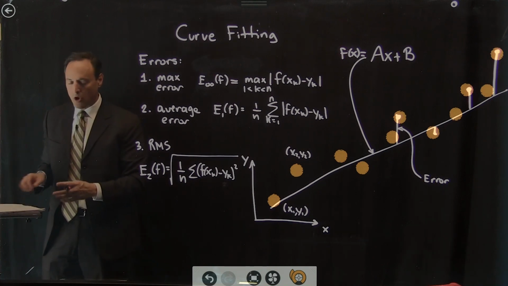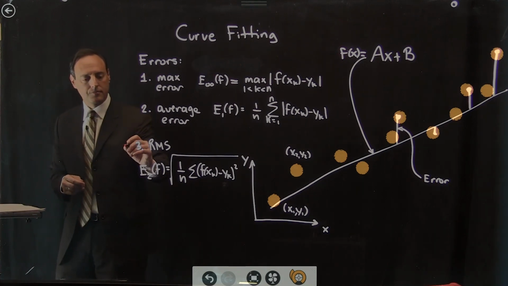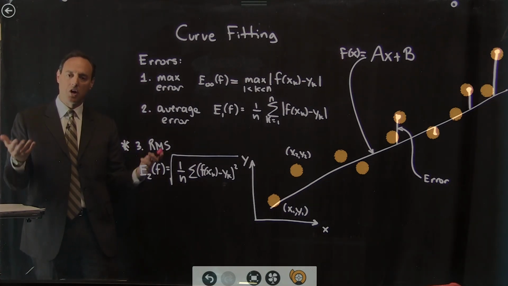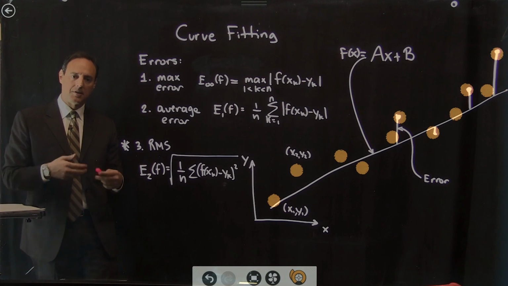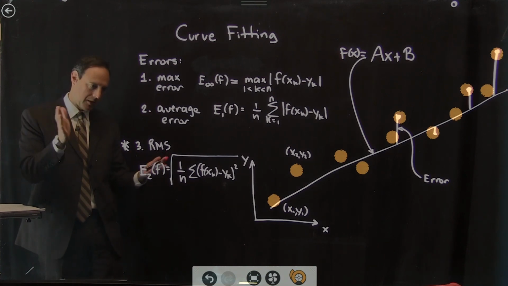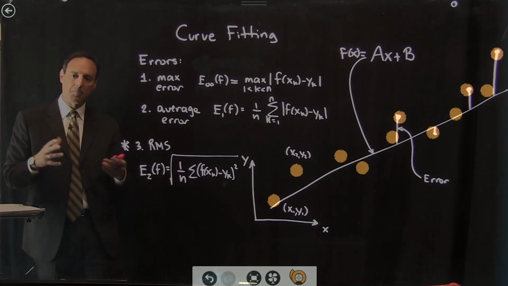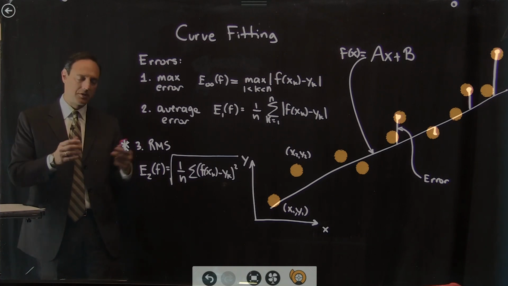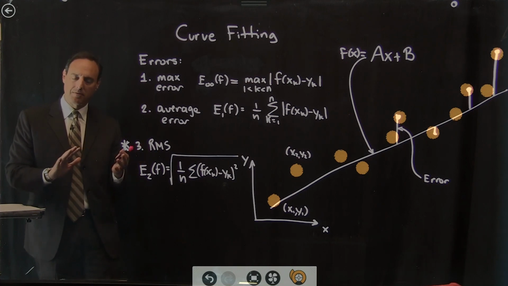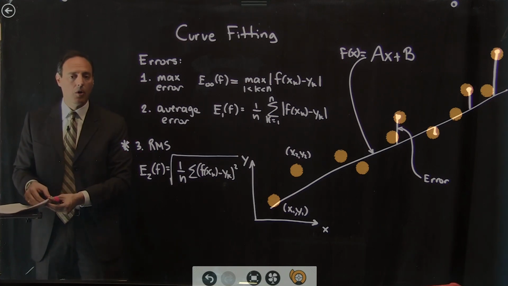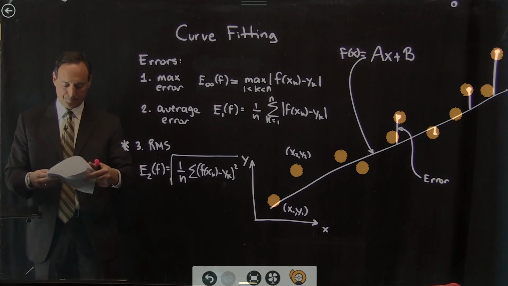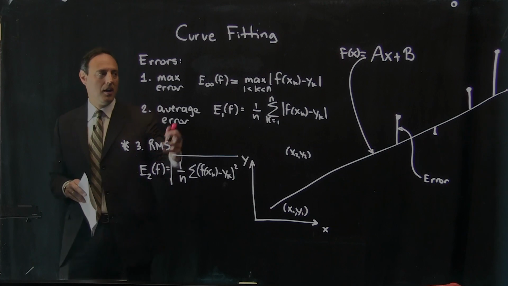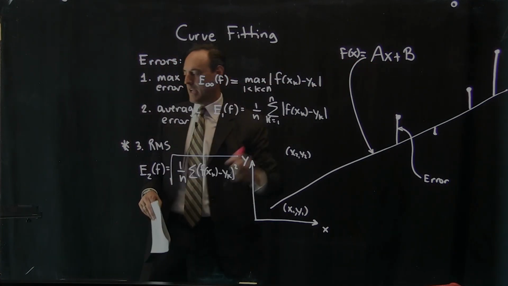Of all these three techniques, the root mean square error is typically the most commonly used in practice. It's a very nice technique. It doesn't handle outliers very well, but for most data this works quite well. It tries to get the best fit so that you're not too far away from the line. The question now is, how are we going to determine the A and the B?